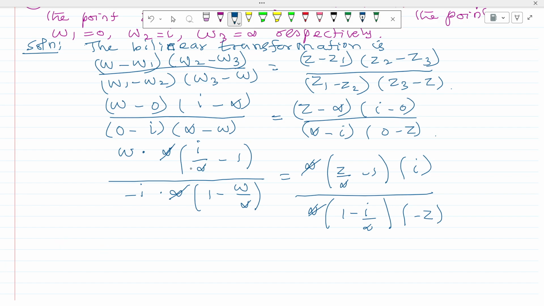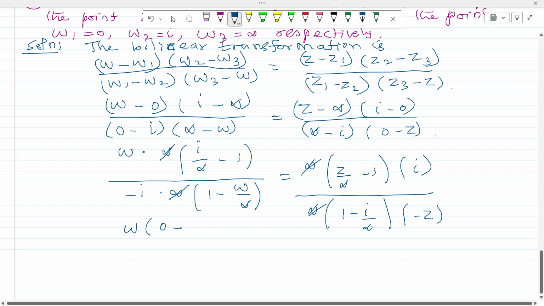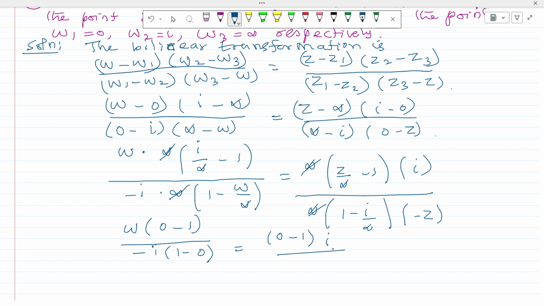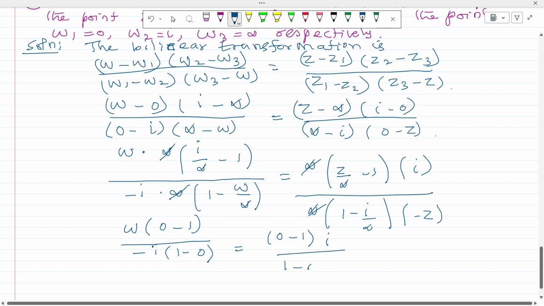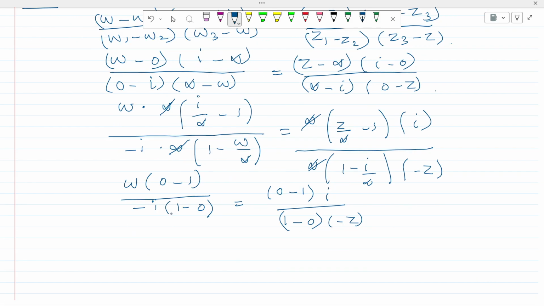Now listen, I by infinity is 0. W keep it, then 0 minus 1 divided by minus I, and then 1 minus 0 equals Z by infinity 0 minus 1 into I divided by 1 minus 0 into minus Z. Then simplify this.